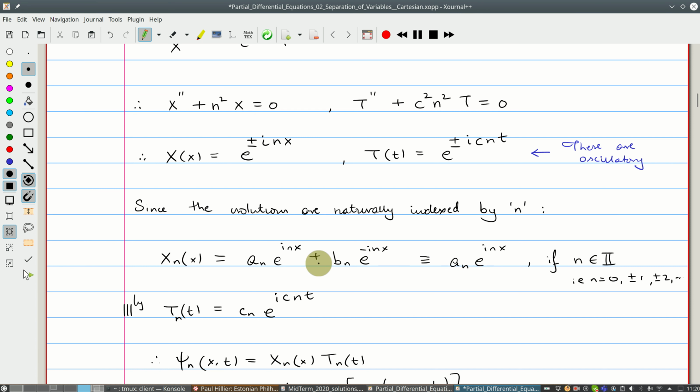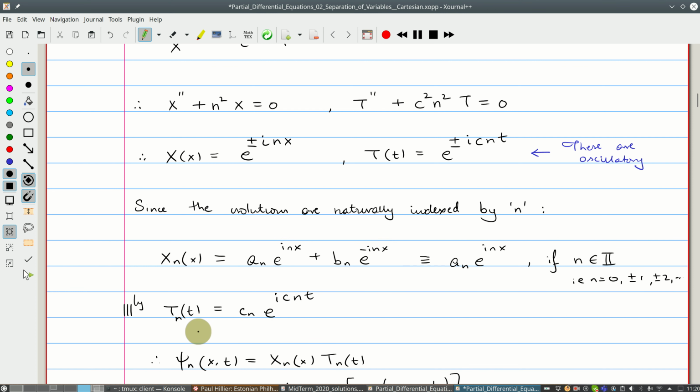Why? Well, if I let n take 0, plus minus 1, plus minus 2, then you can see that if n can take positive and negative values, then these two could be regarded as just two instances of the same n. So n equal to plus 1 would give you this one, n equal to minus 1 would give you this one. So they are both encapsulated in here.